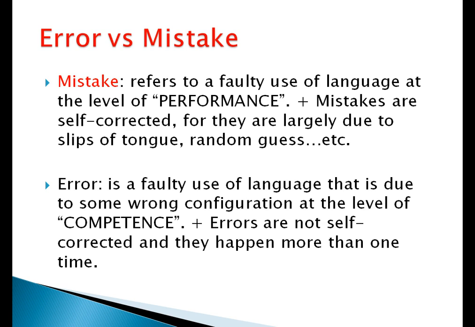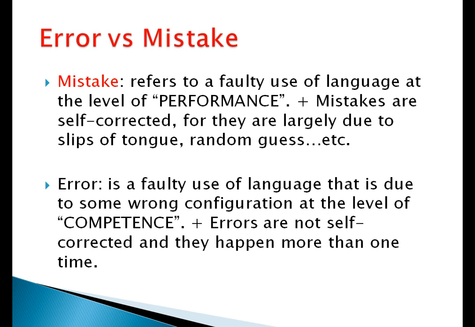Okay, so errors are not self-corrected as opposed to mistakes, and they happen more than one time. For example, if you are observing a student and he says "I goed," and then again he repeats it, "I goed," and again "I goed," then you know that this is an error.